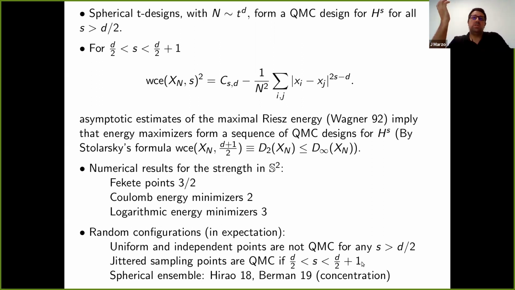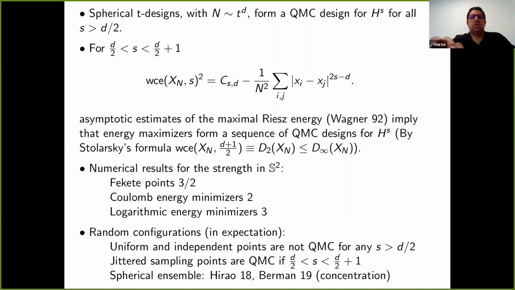And just to mention something more, all these are basically results from this paper by Brauchart, and the only extra thing worth mentioning here is the spherical ensemble. These are points which live on the sphere S2, and they come from random matrix theory, and they are really well distributed.